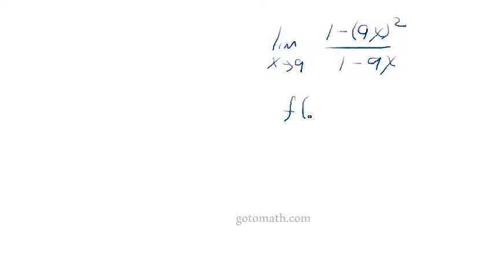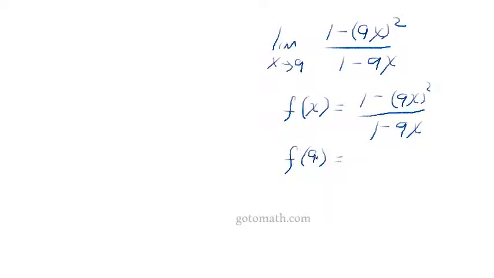So our function, which I'll just label as the popular letter f, is 1 minus 9x quantity squared over 1 minus 9x. Now we could just do the direct substitution, plugging 9 directly into this and get a number out. But that's not what the limit concept is all about.